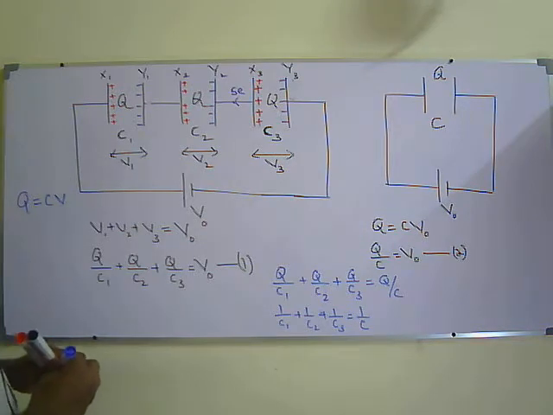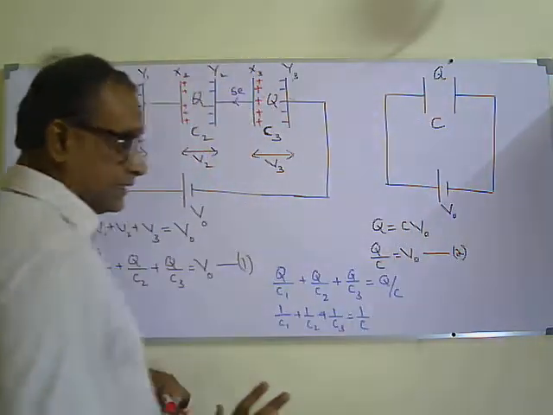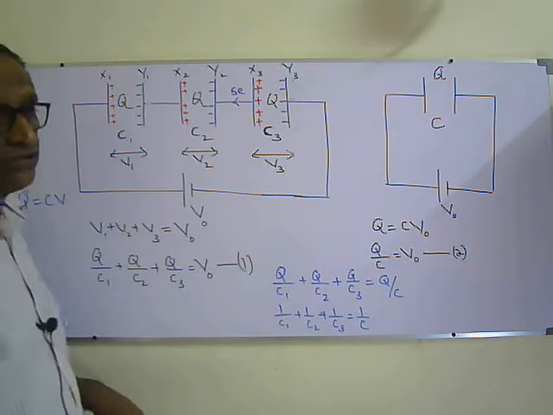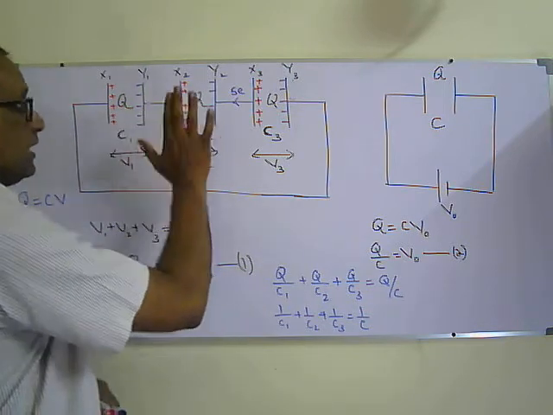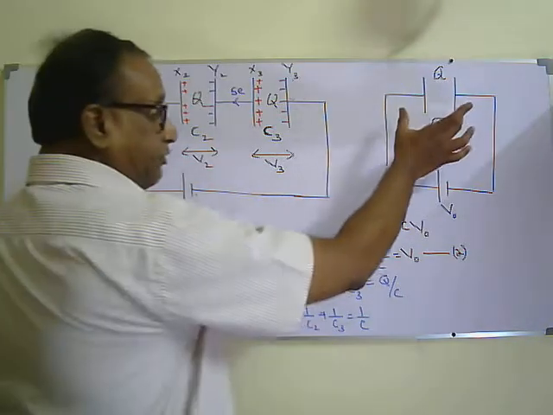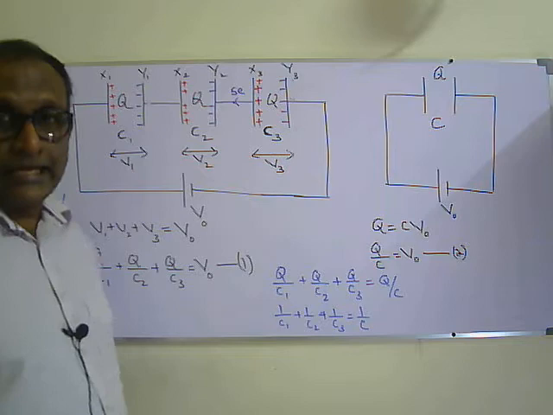Also remember that the voltage across the equivalent capacitor is equal to the sum of the voltages across the series connection. We need this idea when we are doing calculations.